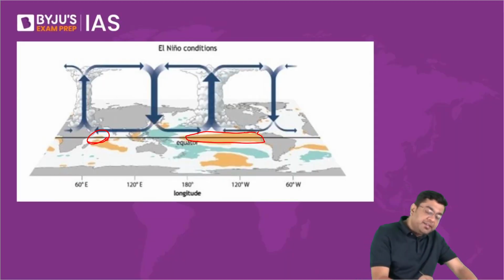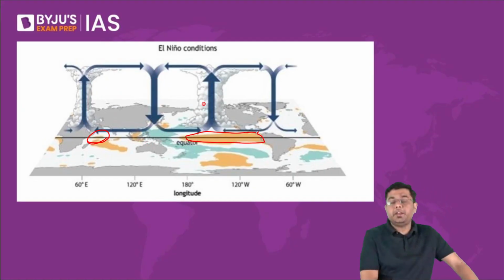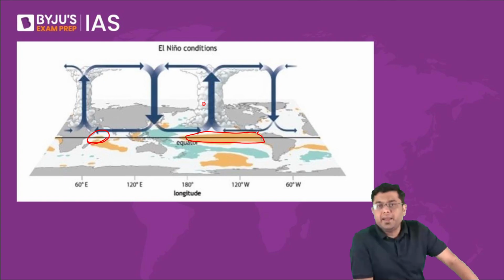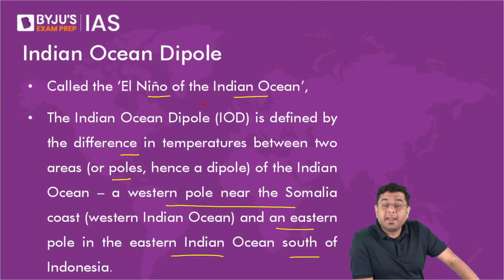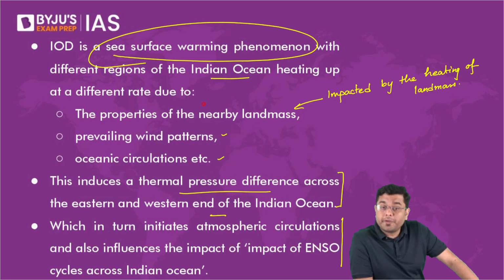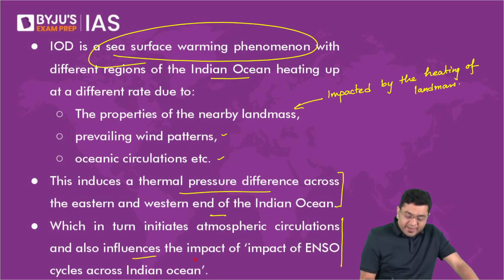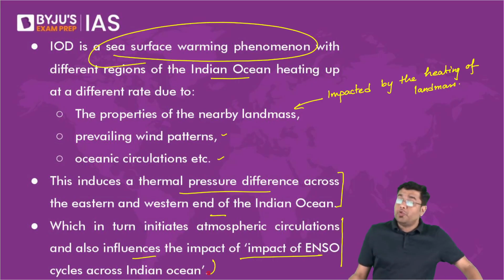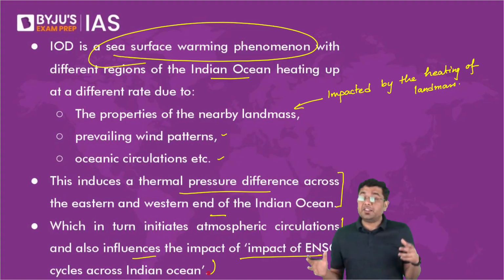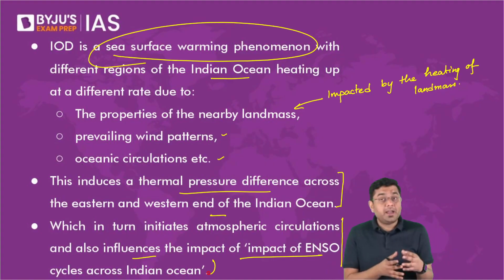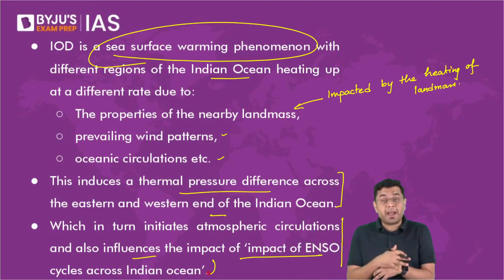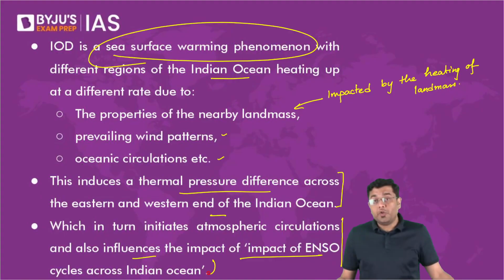Now imagine if there is a fresh, new independent circulation initiated in the Indian Ocean, can we say it will end up interacting and counteracting the impact of ENSO? Right? So that is where it influences the impact of ENSO cycles across the Indian Ocean. It can either exaggerate the impact of El Nino or La Nina, or it can counter the effect of El Nino or La Nina.